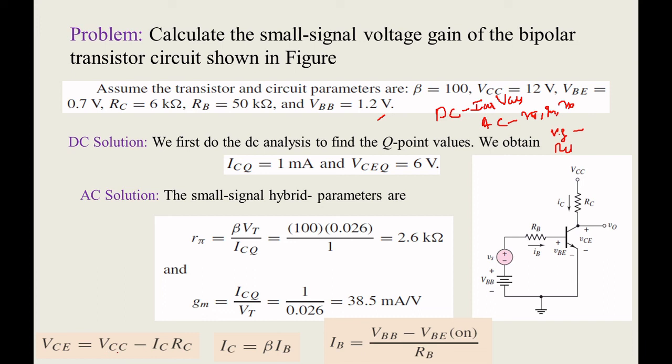This formula is written by applying KVL in the input circuit and output circuit. You got these values: IB equal to VBB minus VBE divided by RB, IC equal to beta times IB, and VC equal to VCC minus IC RC. All values are given, so you just plug in from here to here.